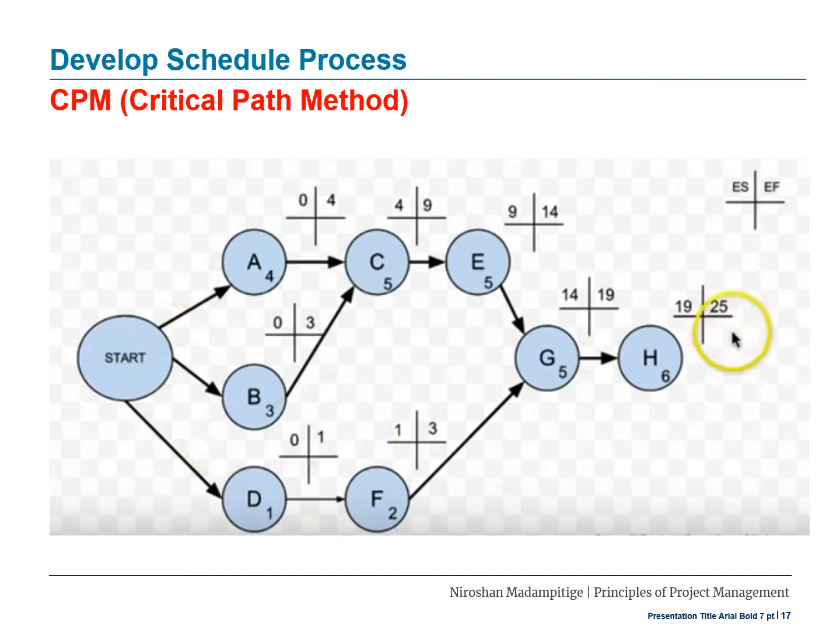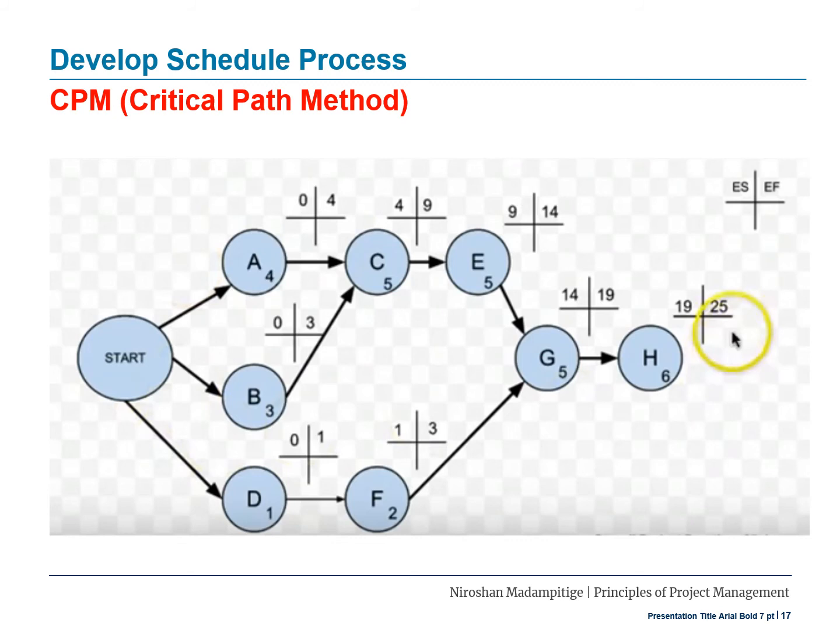Now, if you look at this one, H, for you to complete H, what is the earliest finish? This takes 6 days. Activity G is finished after 19 days.